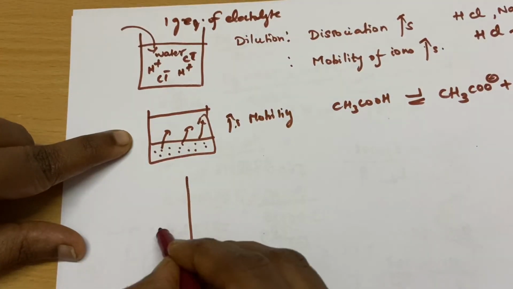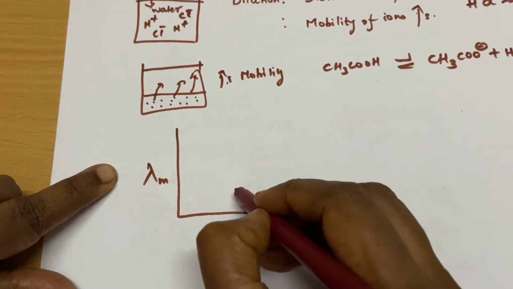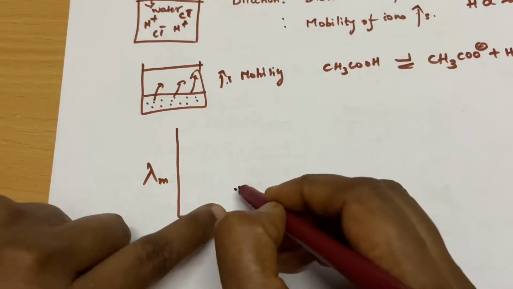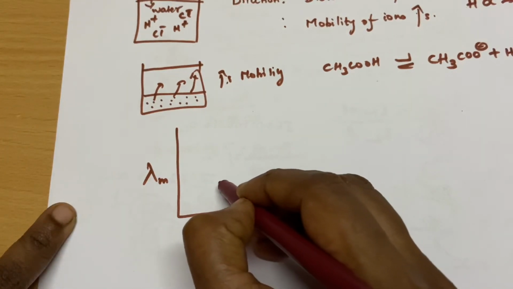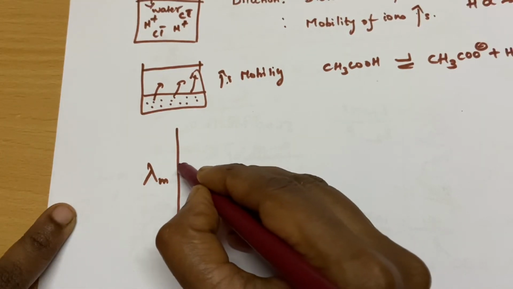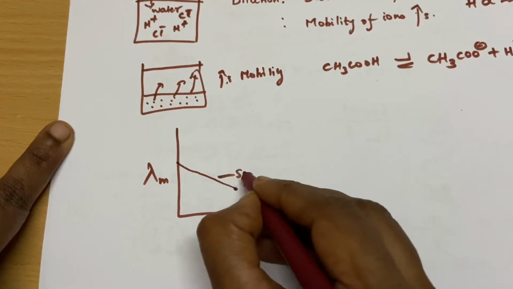When you see the graph of lambda m against concentration, at a particular concentration the equivalent conductance is like this. While diluting, it slowly increases, and after a certain dilution it reaches the maximum. After that it will not increase at all. This is for a strong electrolyte.